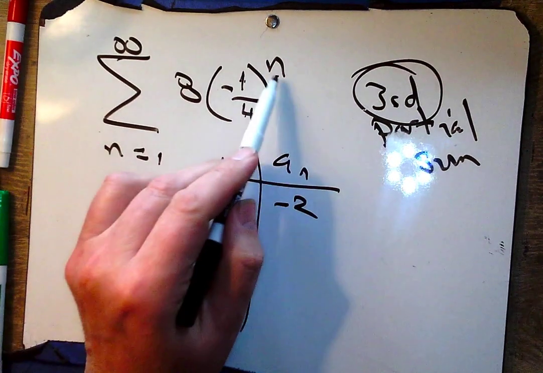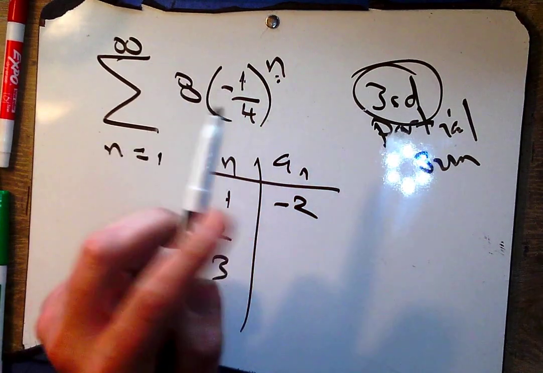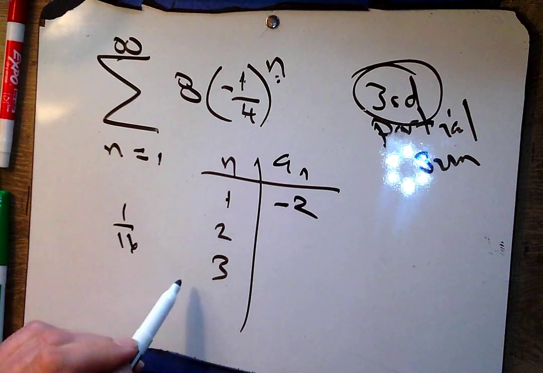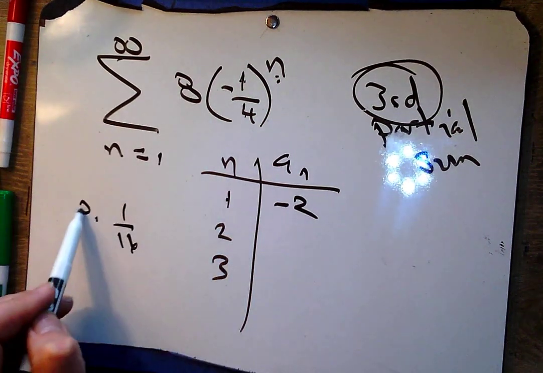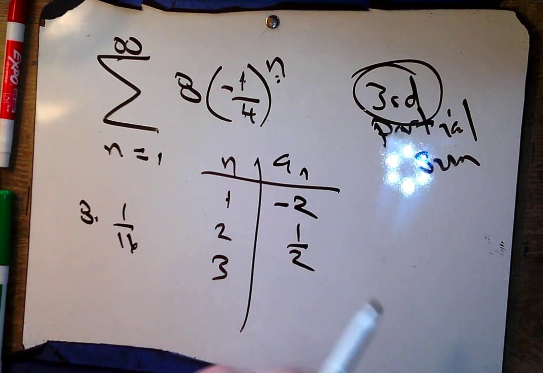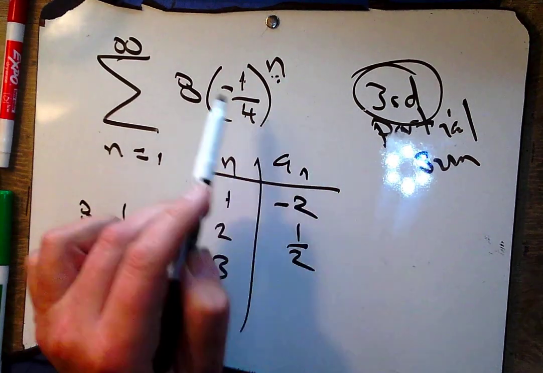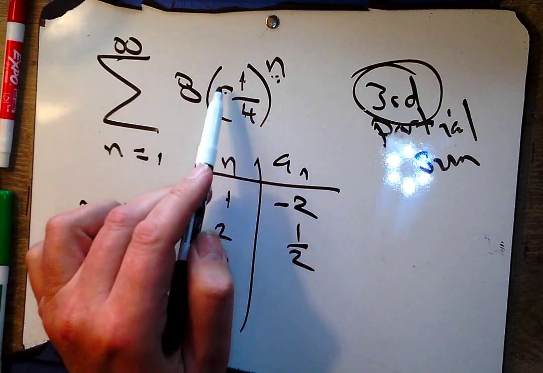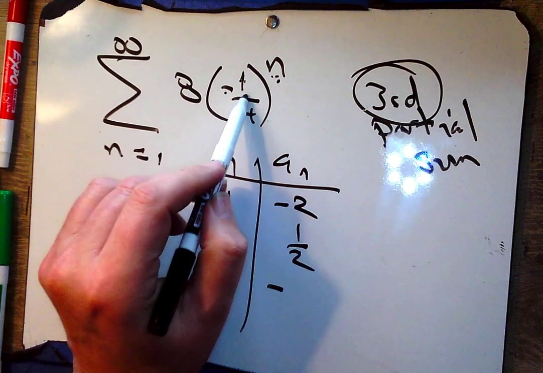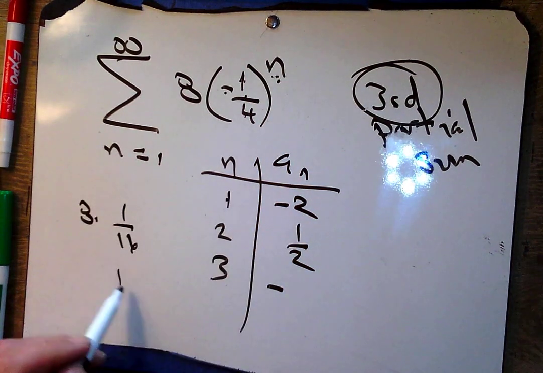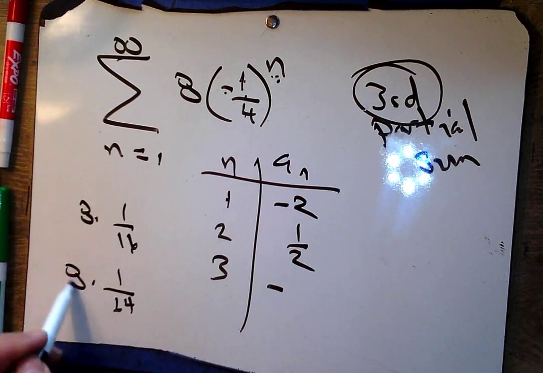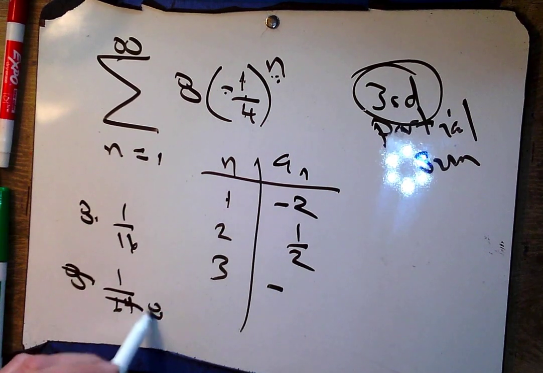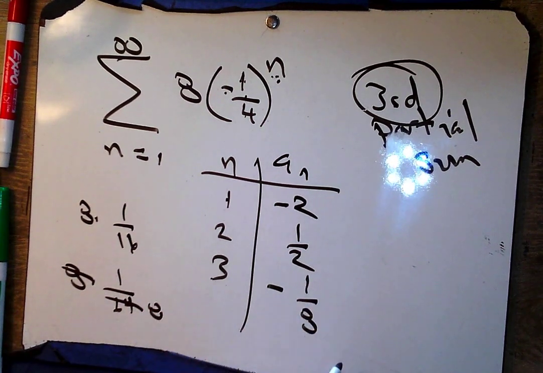Now, if I plug in a 2 here, negative 1/4 times negative 1/4 is 1/16 times 8. That's going to give me 1/2. And if I plug in a 3 here, that's negative times negative times negative. 1/4 to the third is 1/64. But I'm multiplying by 8. So I end up with negative 1/8.